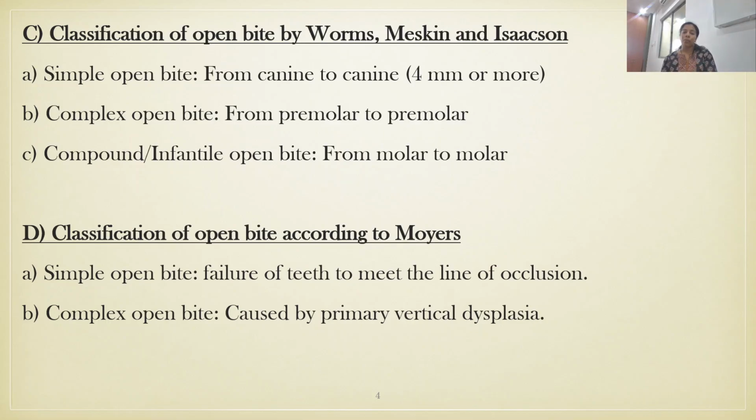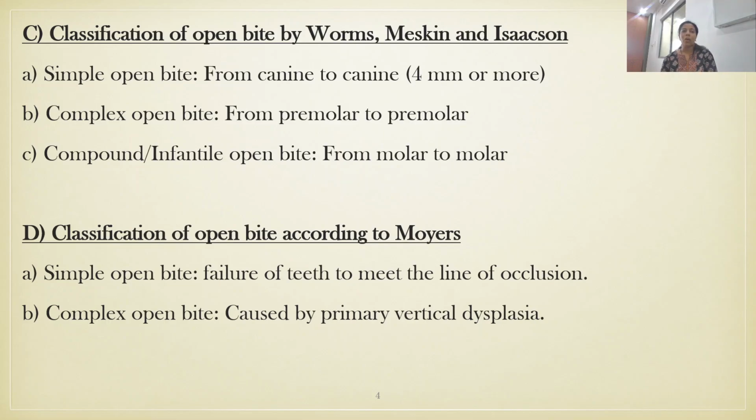It's about 4 millimeter or more. In complex open bite, premolar to premolar comes in the open bite, and in compound or infantile open bite occurs from the molar region to molar region, which literally there is no bite between the upper and lower teeth, because molar to molar are in open bite.